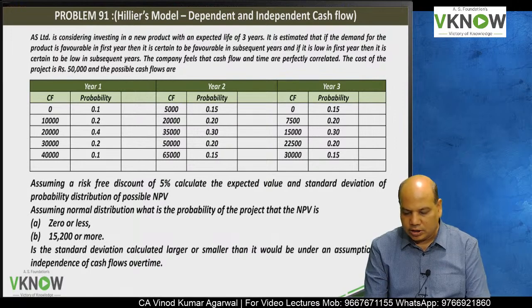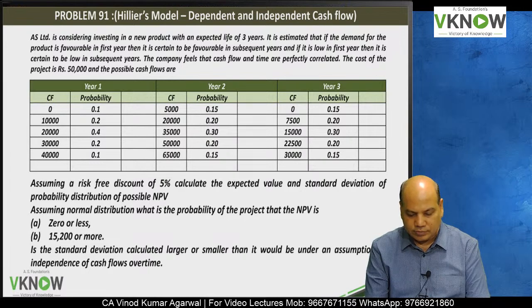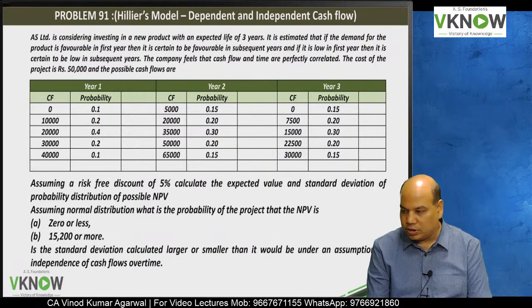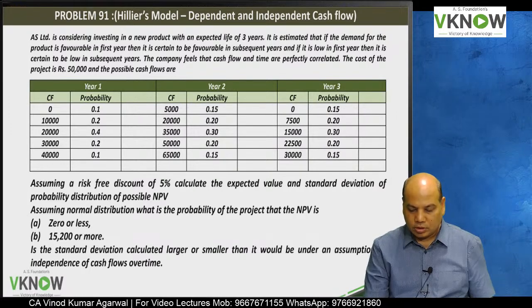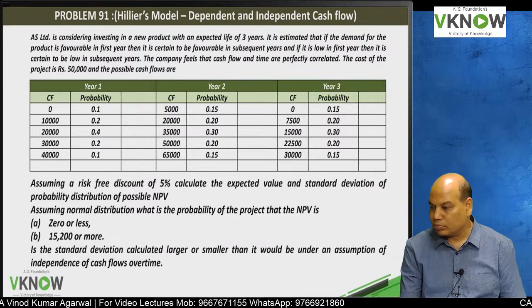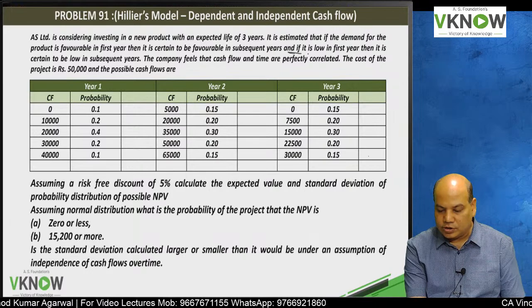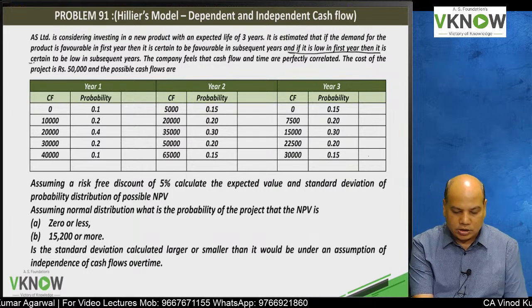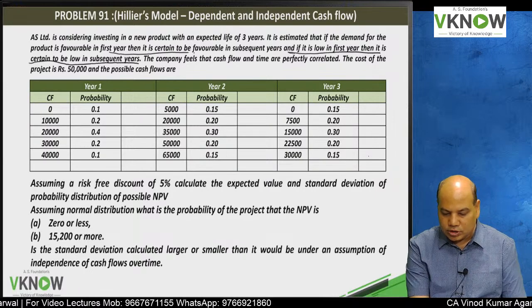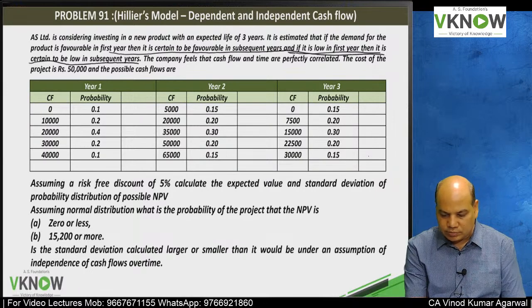It is estimated that if the demand for the product is favorable in the first year, then it is certain to be favorable in the subsequent year, and if it is low in the first year, then it is certain to be low in subsequent year. What is the interpretation of this line?